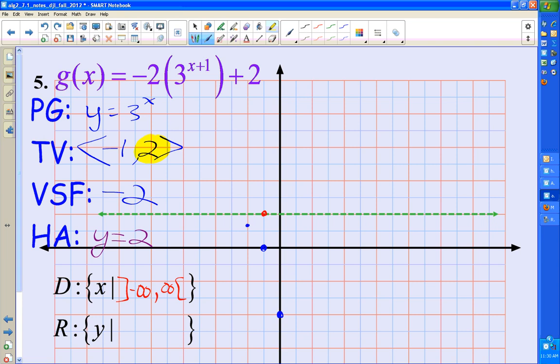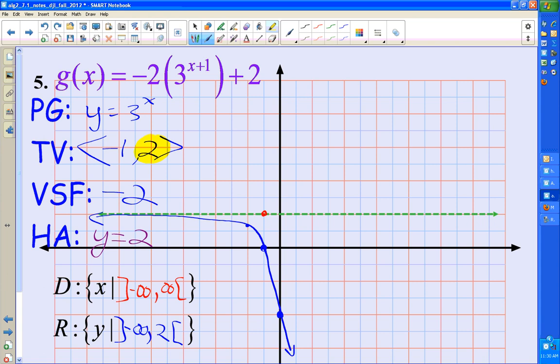So that graph is going to come off the asymptote from below and hit these points to get a flipped version of your exponential graph, which means that your range restriction is going to come from negative infinity, that's the small side, we're going up, and we're going to get to the 2 value, but we're never going to quite reach 2.